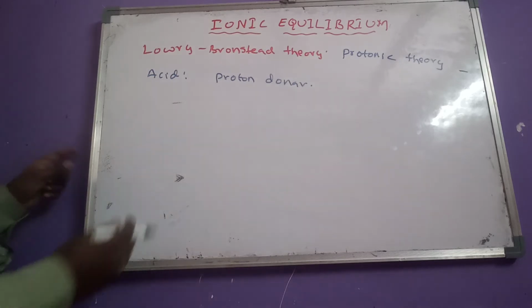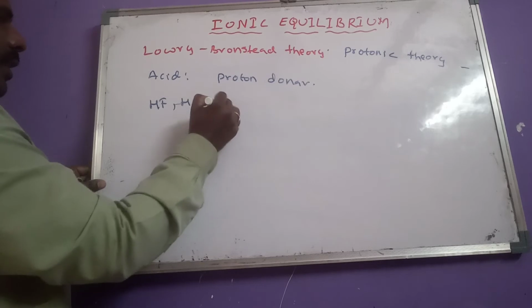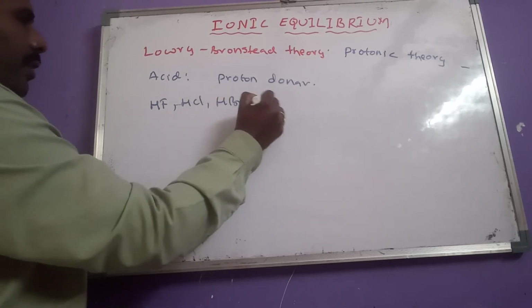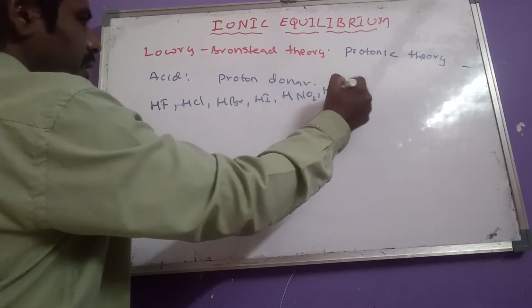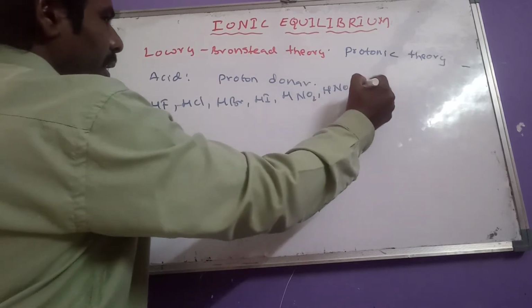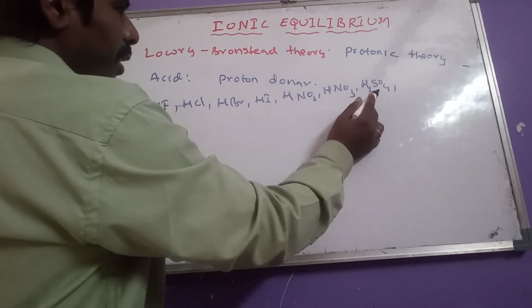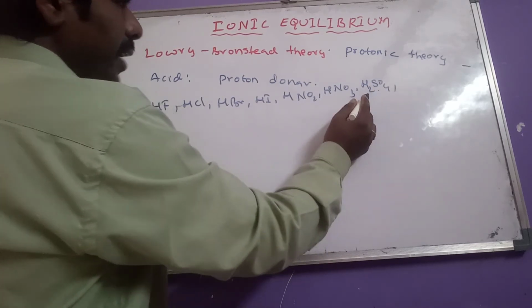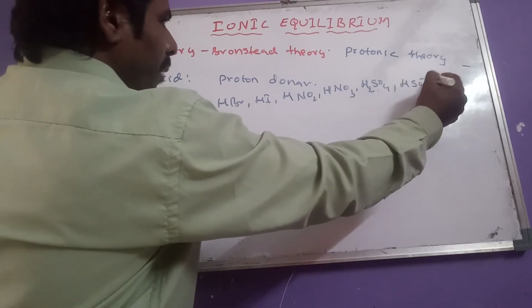What are the examples? HF, HCl, HBr, HI, HNO2, HNO3, H2SO4. If you remove one H plus from this, it is a dibasic acid, so we get HSO4 minus.